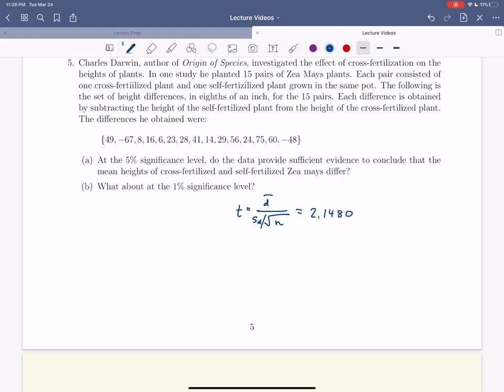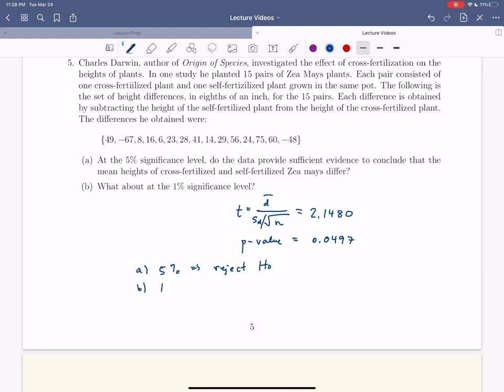R also tells us our p-value, which kind of ruins the story, actually, but our p-value is 0.0497. That means that, to answer part A, at the 5% significance level, we're going to reject the null hypothesis. There is enough evidence at the 5% significance level to reject the null hypothesis.